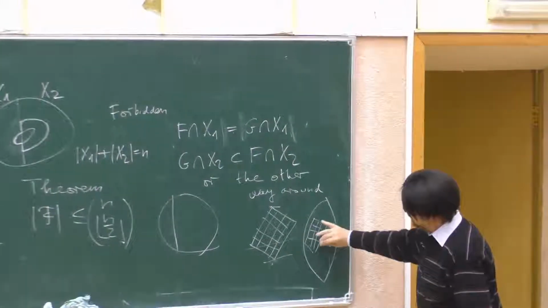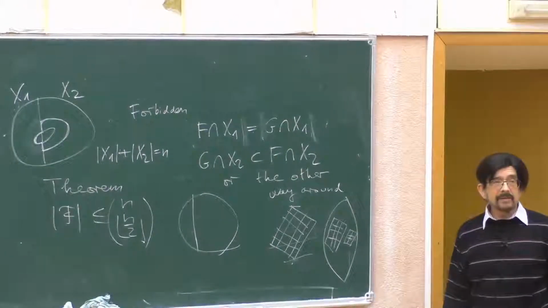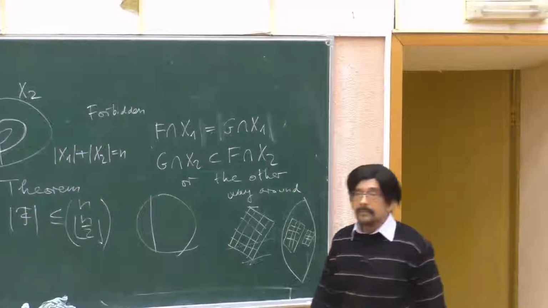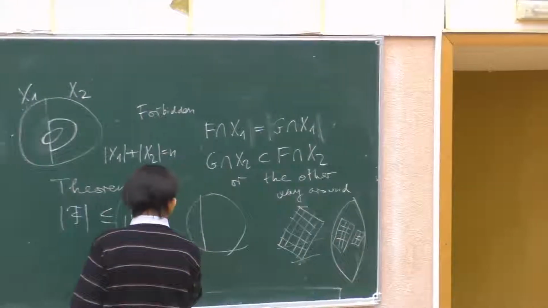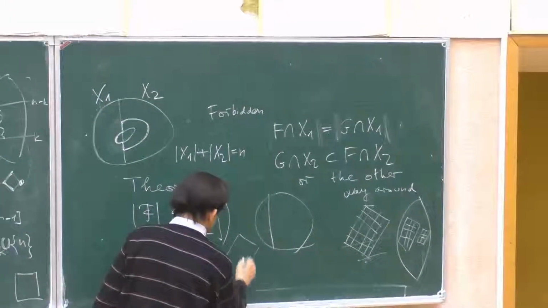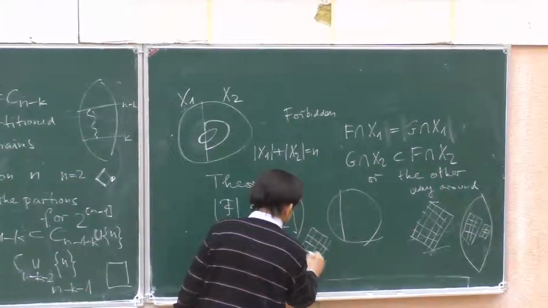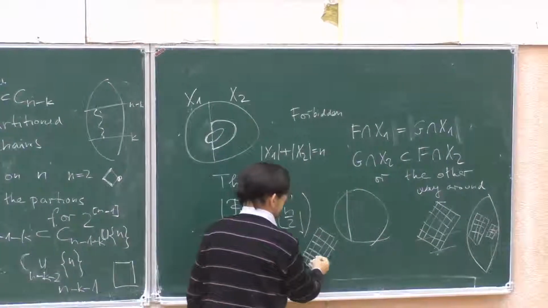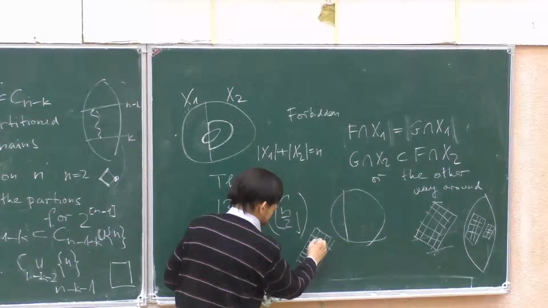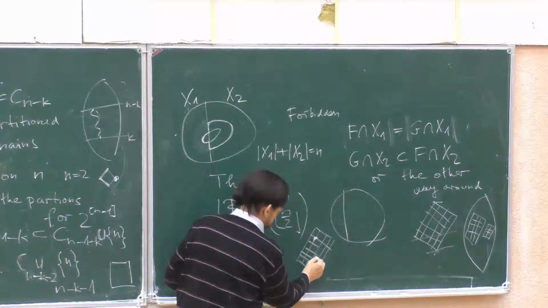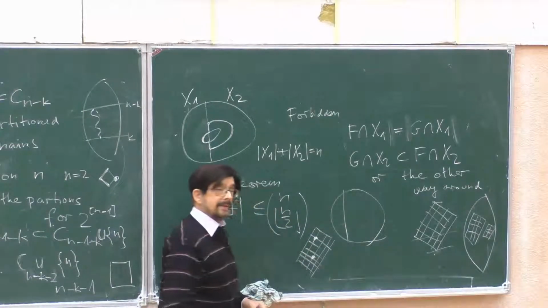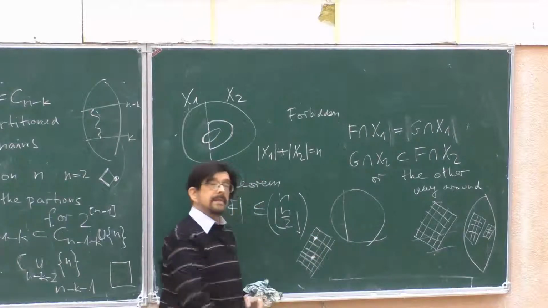So these are all symmetric, and if you prove that in this one, again, of course, you cannot have subsets. So this will be a subset of this, because here it increases.